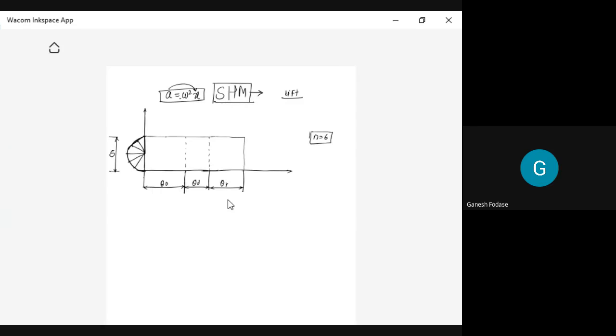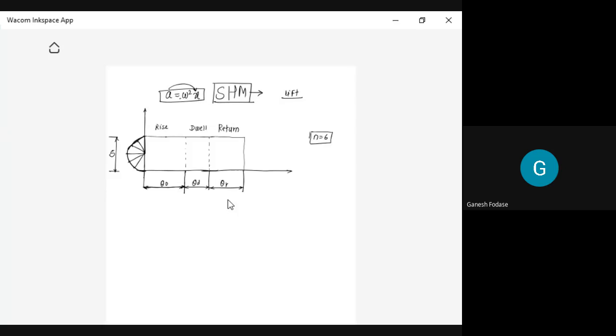During dwell it is stationary. So I have to draw a graph for the follower displacement in this area, theta O. How the follower displacement varies, I have to plot in this area, that is during rise, and during return. During dwell, the follower is stationary. Therefore, as the follower is moving with SHM during rise and return, divide the rise into the same parts in which the semicircle is divided.